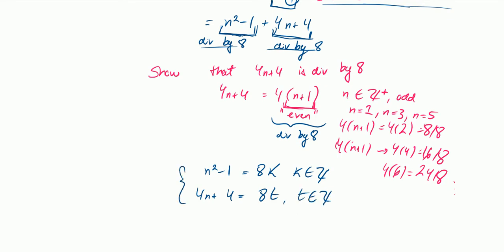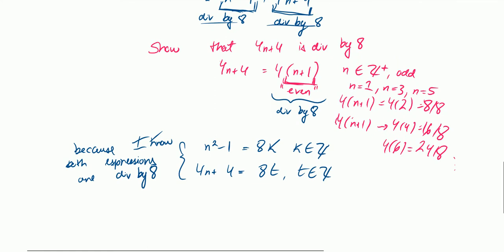This is because I know both expressions are divisible by 8. If something is divisible by 8, that just means that it's a multiple of 8, meaning that I can rewrite it as 8 times something.